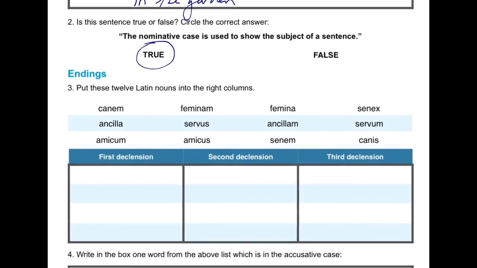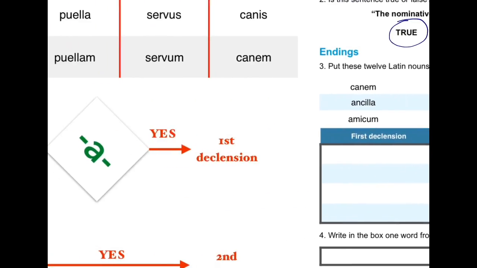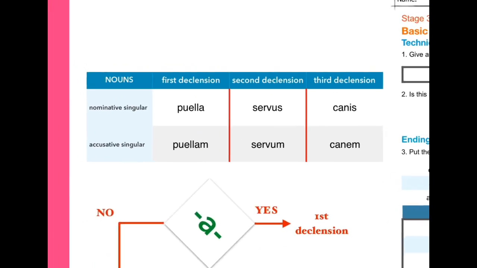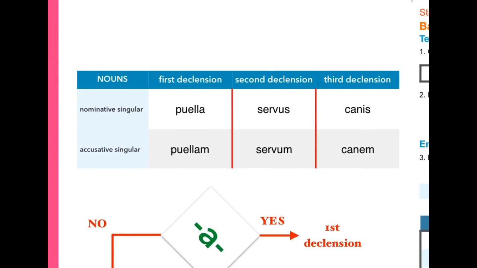Question 3 is put the nouns into columns. Now for this, let's go over here, because this shows us how to work out declension. So here, getting a bit seasick, you can see the 3 declensions, the first one, second one, third one, and you should be able to work out the pattern there. There's an A there in the ending, a U there, and anything else there. That canis could be something, it could be Mercator, it could be Senex, it could be Leo or Grumio.